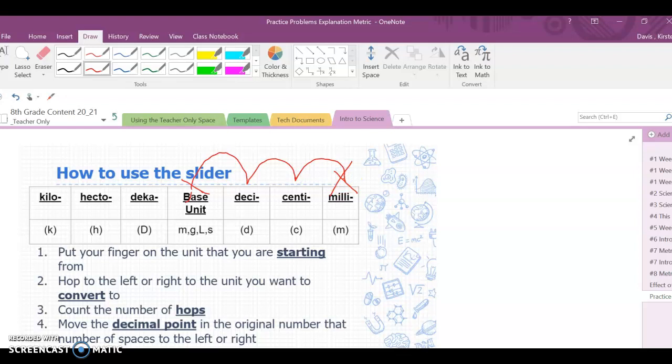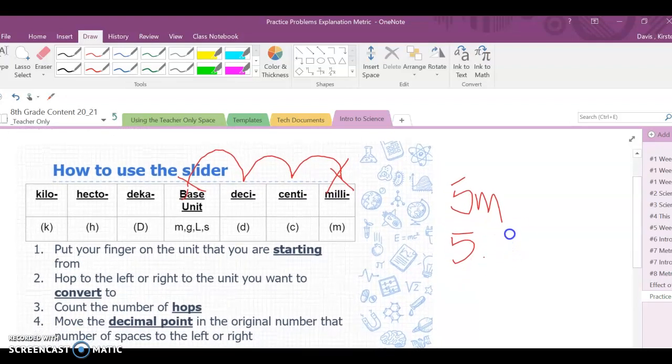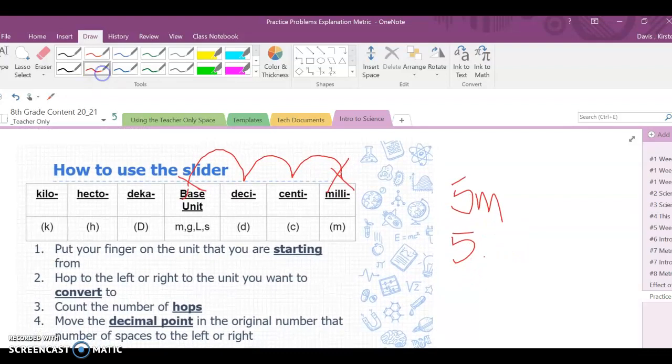So say, for example, I had 5 meters that I wanted to convert to millimeters. I would say that 5 has a decimal point at the end. So we could even call it 5.0.